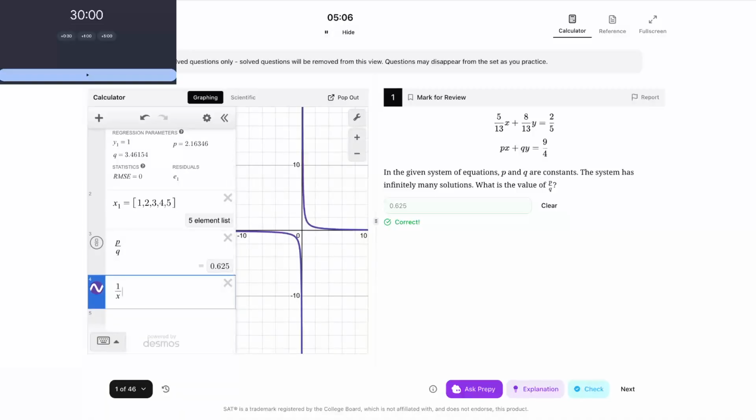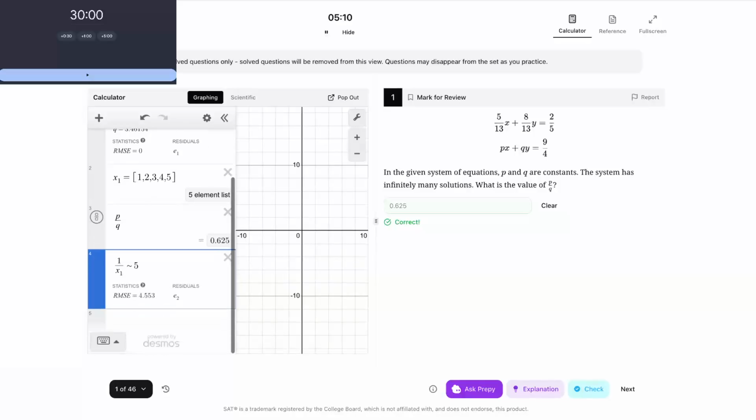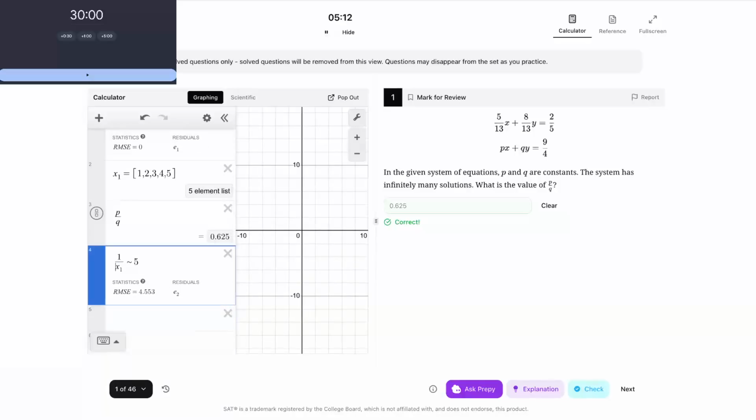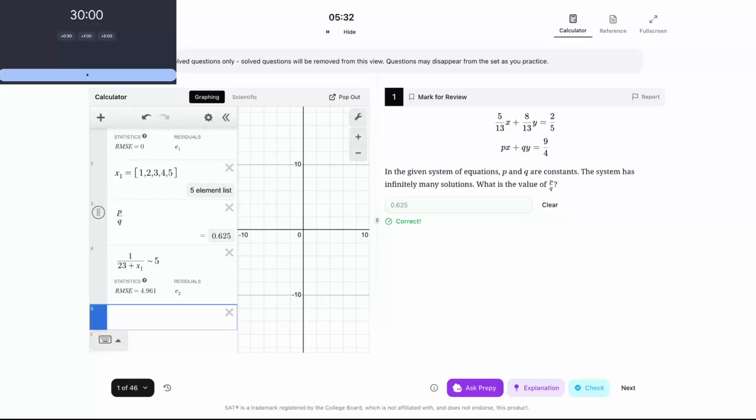And you need to regress it, and it has to be equal to like 5, right? Make sure x in the bottom does not equal, let's do plus, negative 23. Because if it equals negative 23, then this is 0, and it will just make it undefined. So make sure you don't do that.